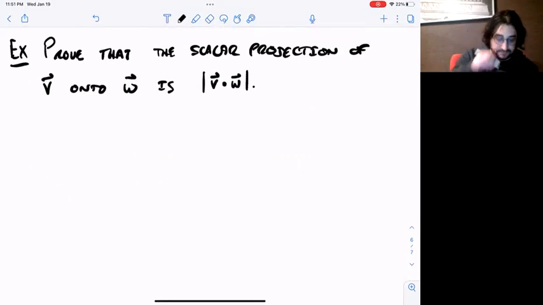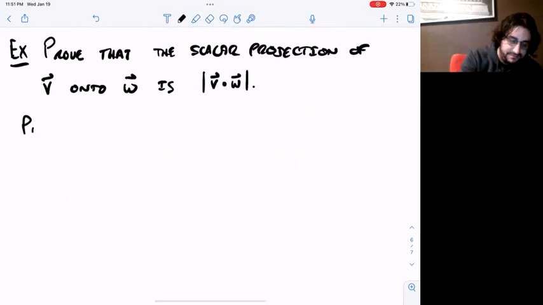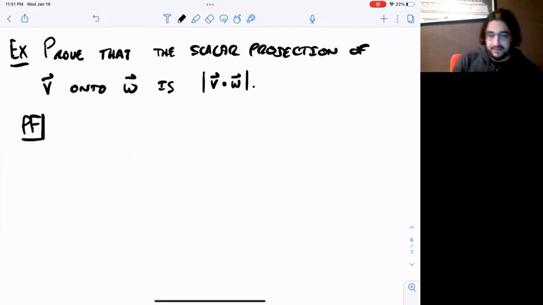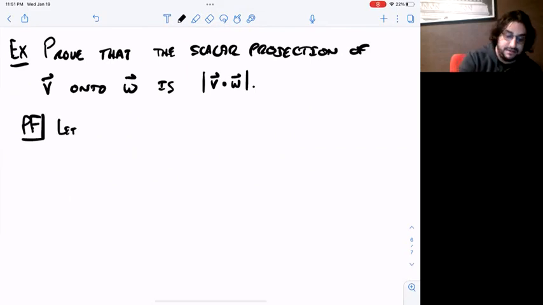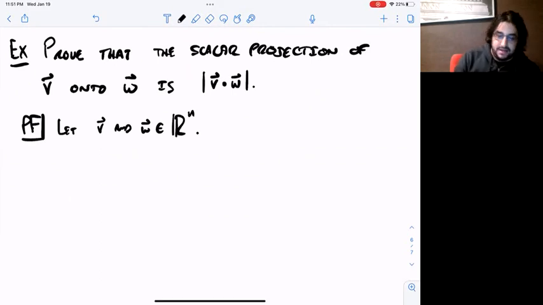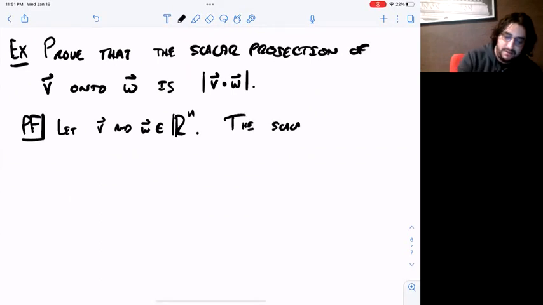Let's try to write a proof. So first, let V and W just be vectors of the same dimension n. And what I want to do is write out the scalar projection.